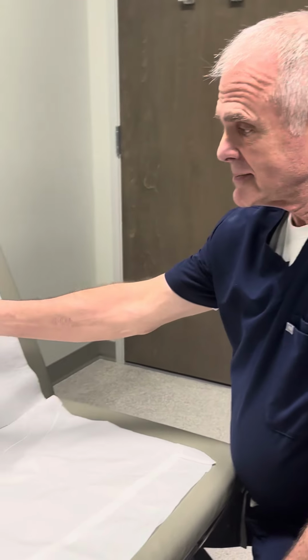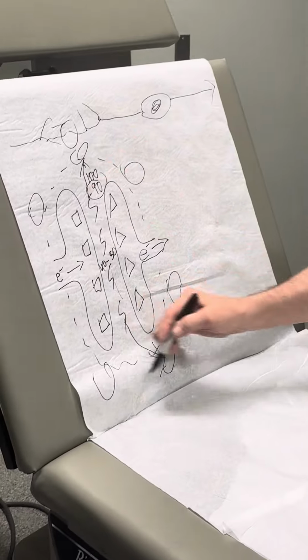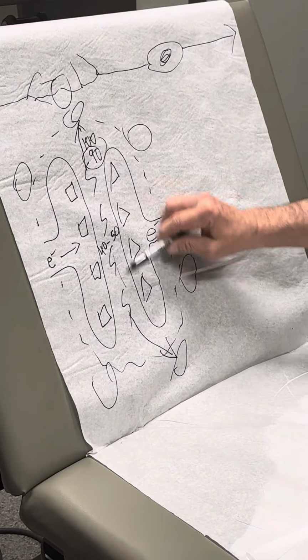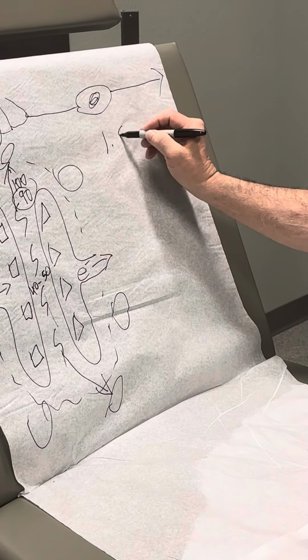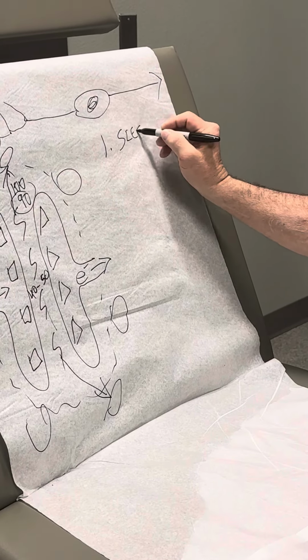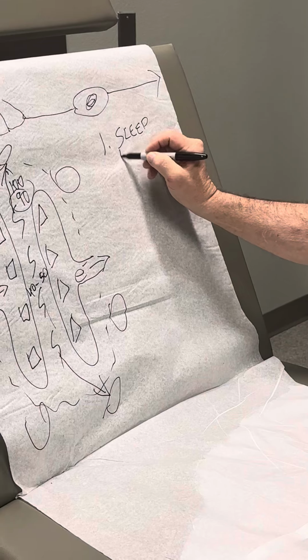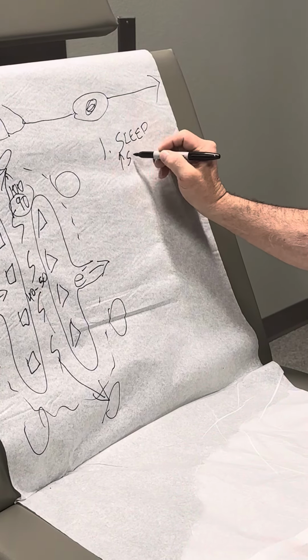Anyway, so the problem with a lot of this myofascial pain is, how do we increase serotonin in that gap there? So the first thing is through sleep. And we want to do something that will increase stage 4.